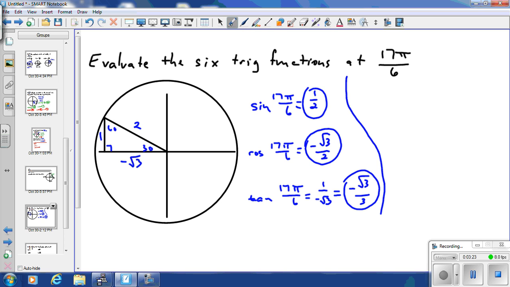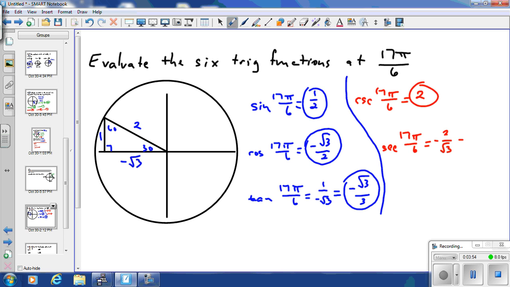Now we'll do the inverses of those. The cosecant is going to be 2, because it's the reciprocal of 1/2. The secant of 17 pi over 6, the reciprocal of this, is going to be negative 2 over the square root of 3.